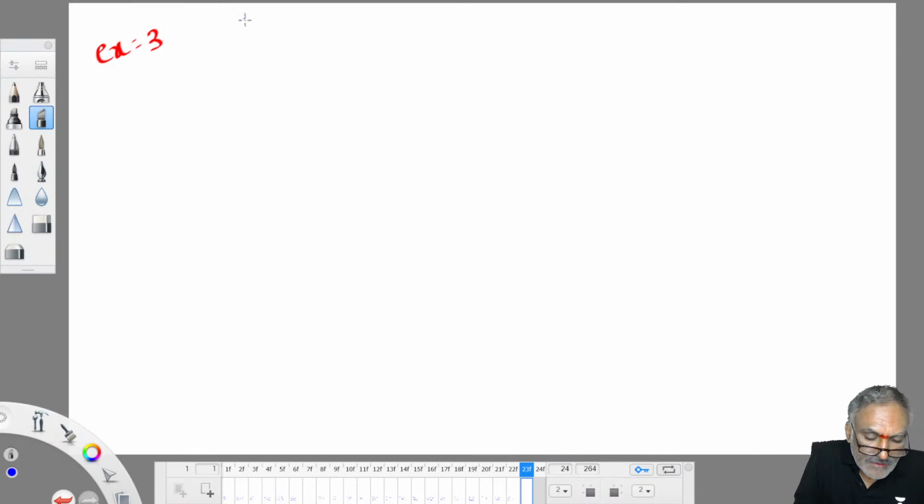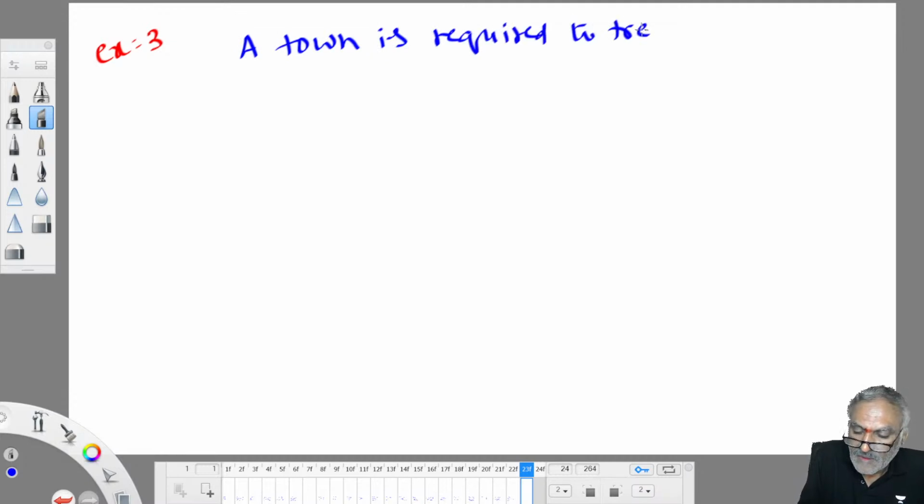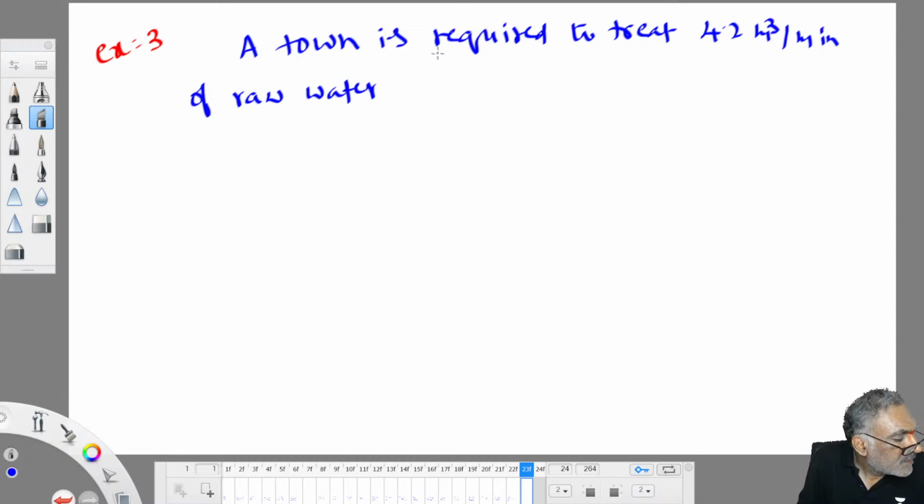A town is required to treat 0.2 meter cube per minute of raw water for a daily domestic supply.